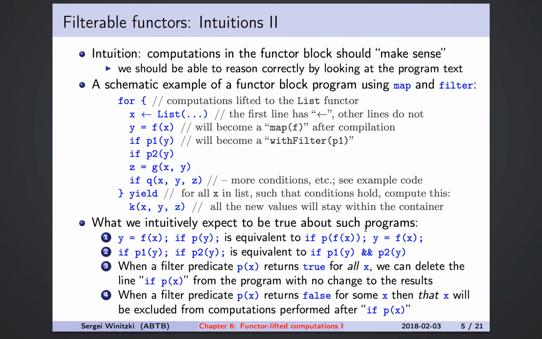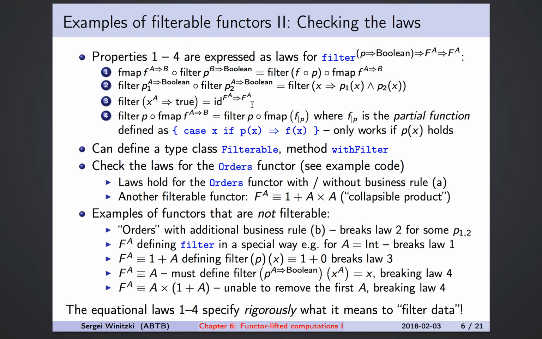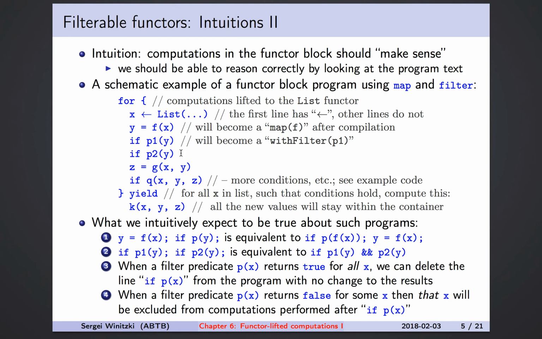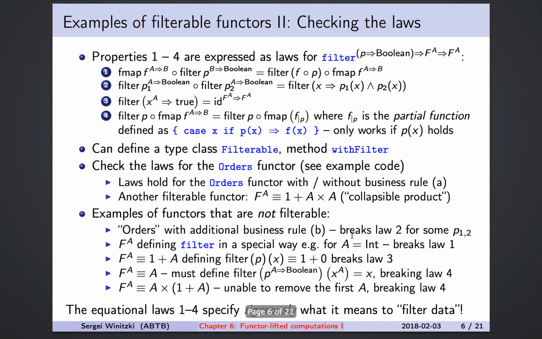And I will be writing this in the example code. I will be using andThen. So, in other words, the functor block program that has first a map step and then a filter step is equivalent to the functor block program that first has a filter step with a different condition as it is necessary, as we were thinking here, and then it has the map step.